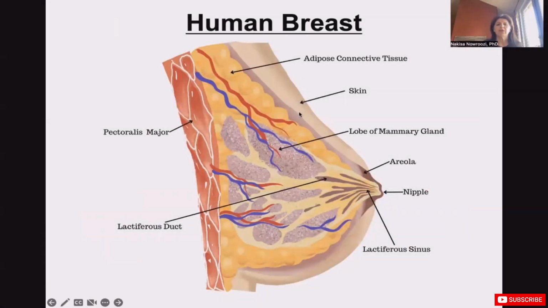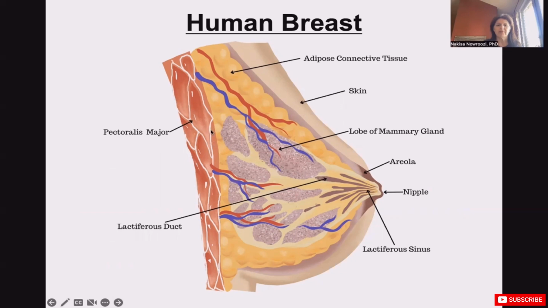Human breast, we look at skin, adipose connective tissue, pectoralis major muscle from second unit of study. And then we have areola around the nipple of the breast. And we have lactiferous ducts that bring the milk from these mammary glands.